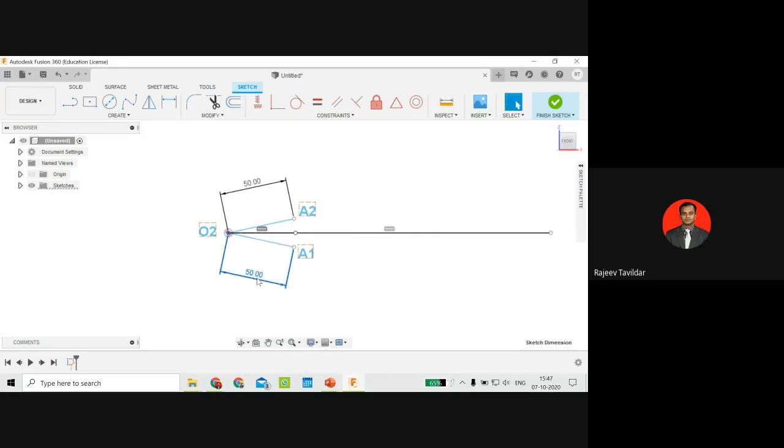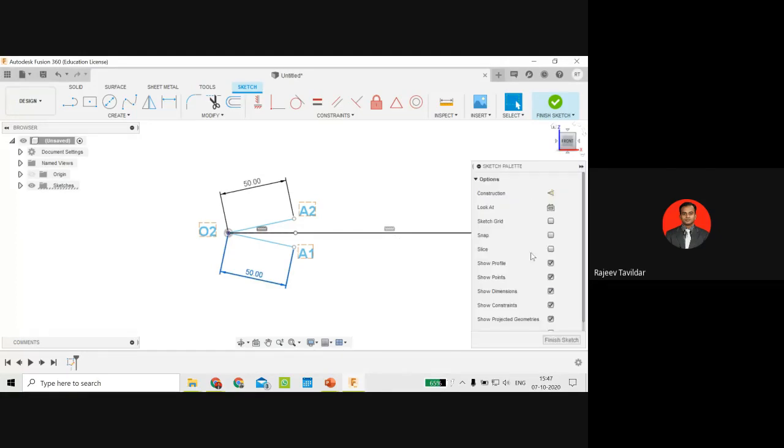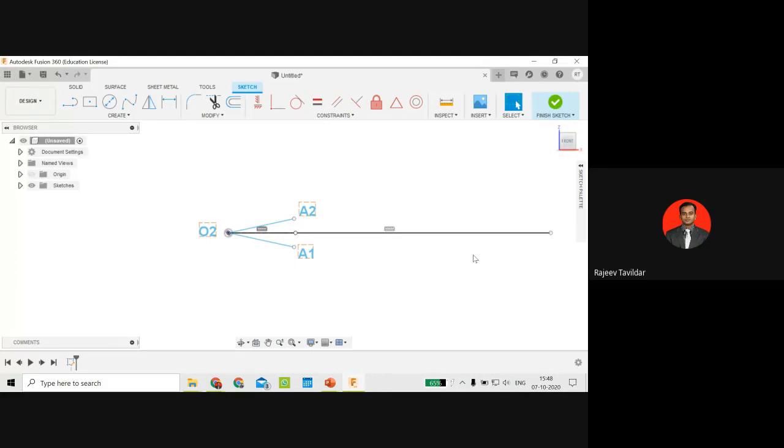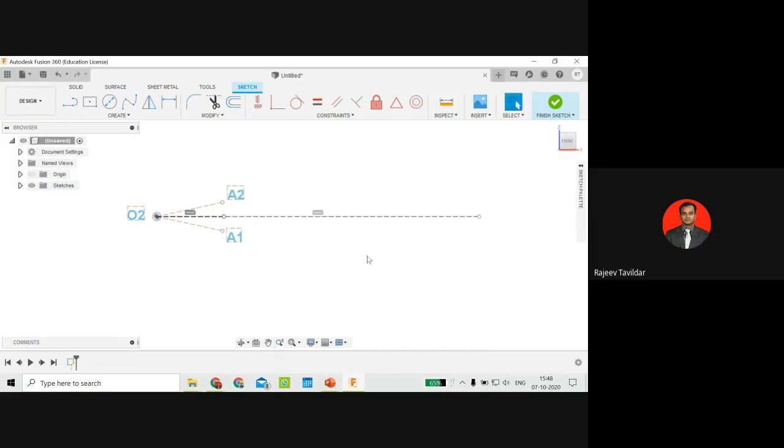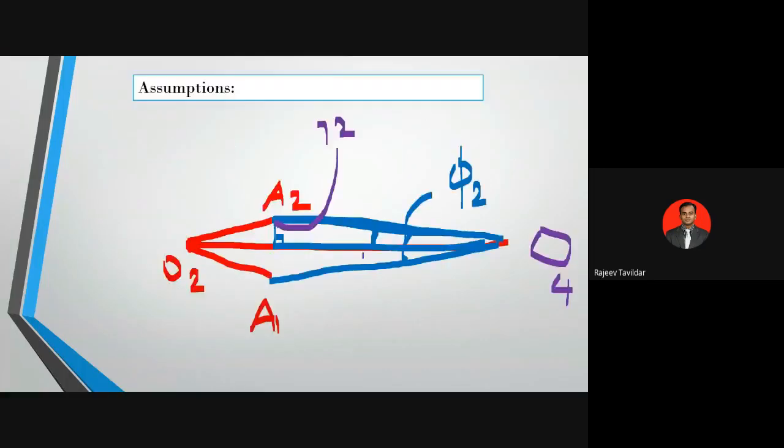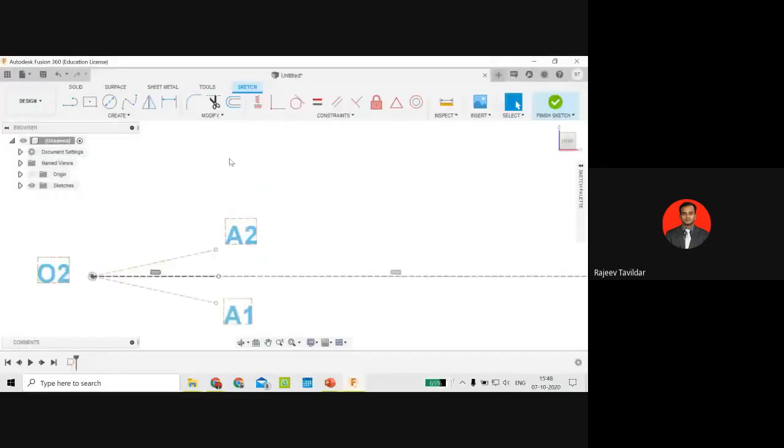Okay, let me hide these dimensions. Let me make all these construction lines. That means in your case, you'll be drawing them as thin lines. The angle that we had got over here is 72 degrees, so that is what I'm going to do now.